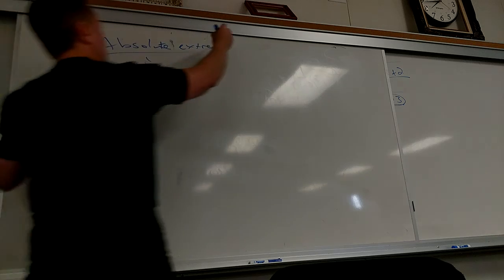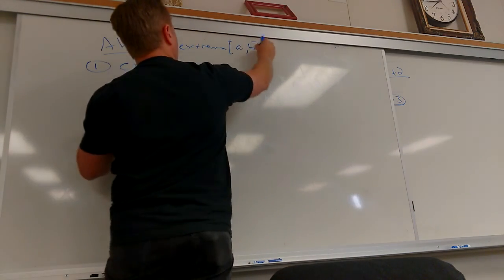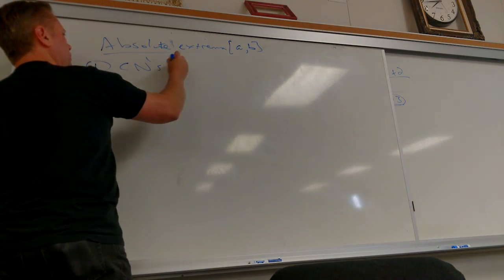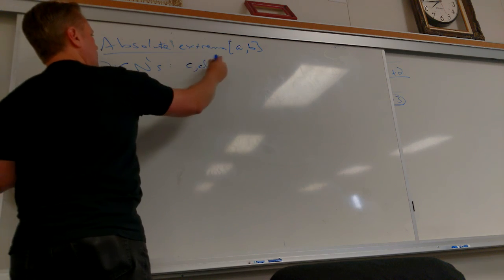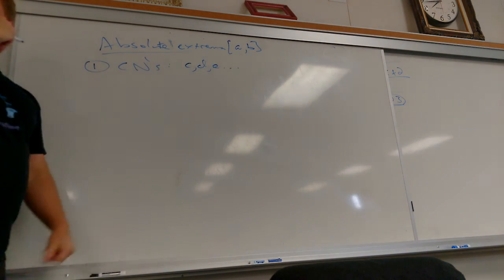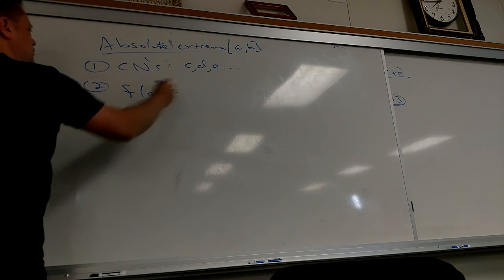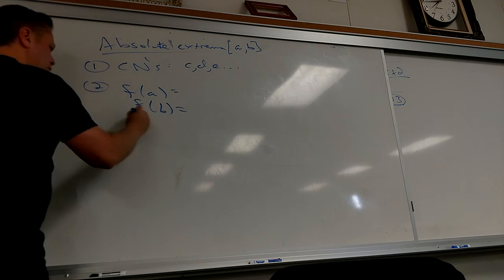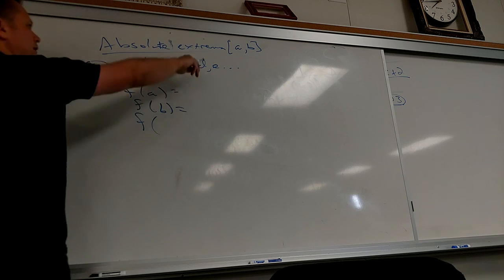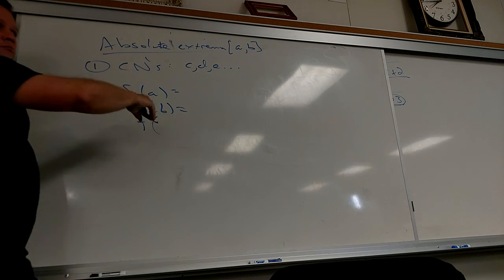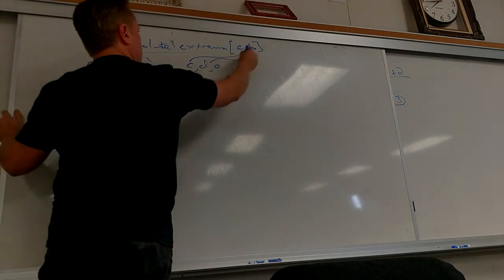Say absolute extrema on A to B, with critical numbers C, D, E. Then the second step is to put A into the function, put B into the function, and then put in the critical numbers that are in A to B. So say C is in there and D is in there, but E isn't.